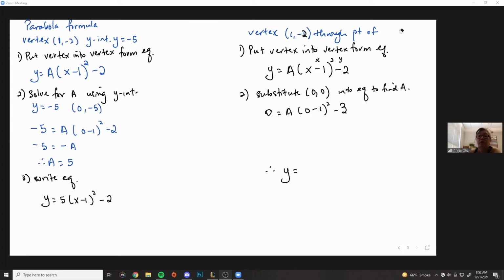Let's not do origin. Let's do pass through 2, 2. Okay. So 2 equals A times (2 minus 1) squared. 2 would be 2 minus 1 is 1, 1 minus 3. What am I doing?